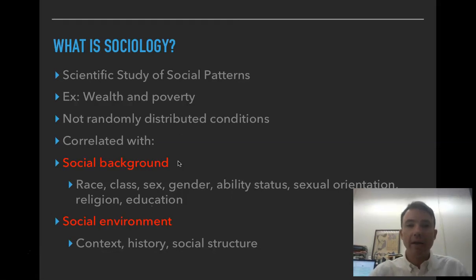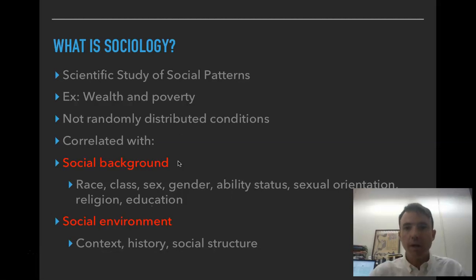Our physical sex, gender and gender identity, ability status, sexual orientation, religion, and education, meaning the level of education that one acquires, and the quality of education and where an individual receives their education from, can all be determining factors in whether or not an individual has wealth or an abundance of resources or lacks resources and potentially exists in poverty.